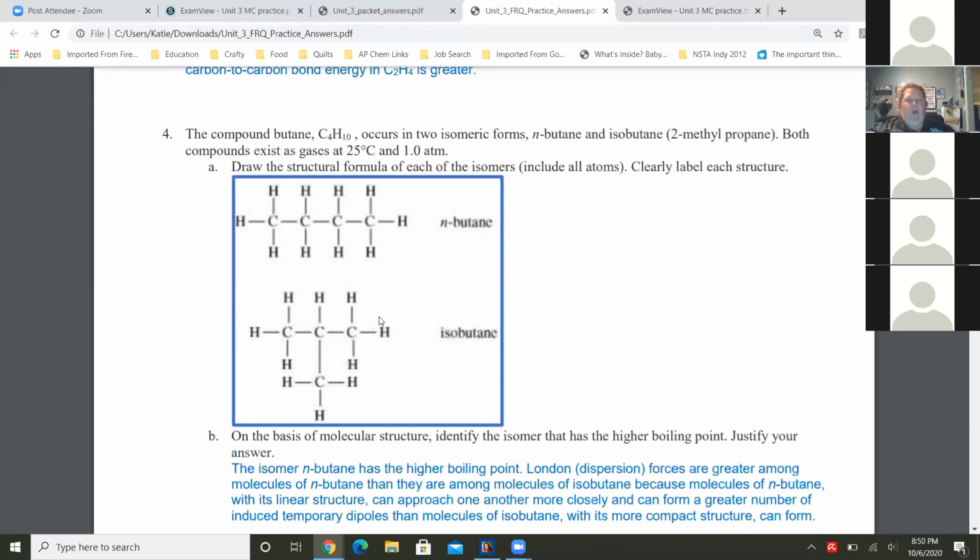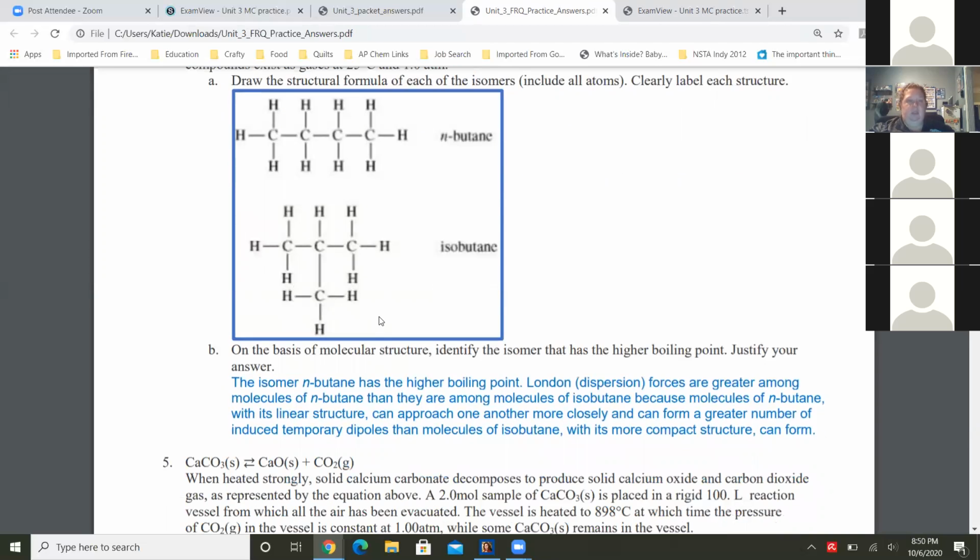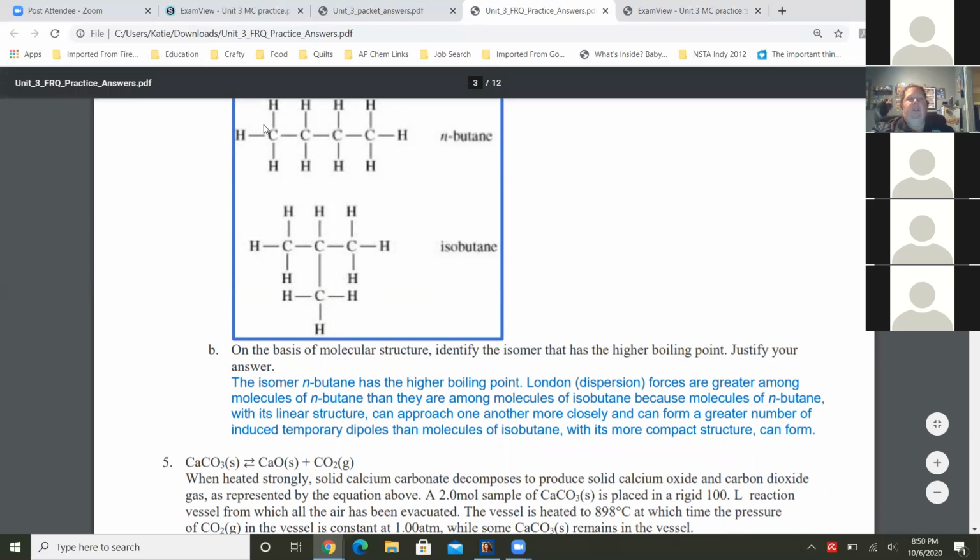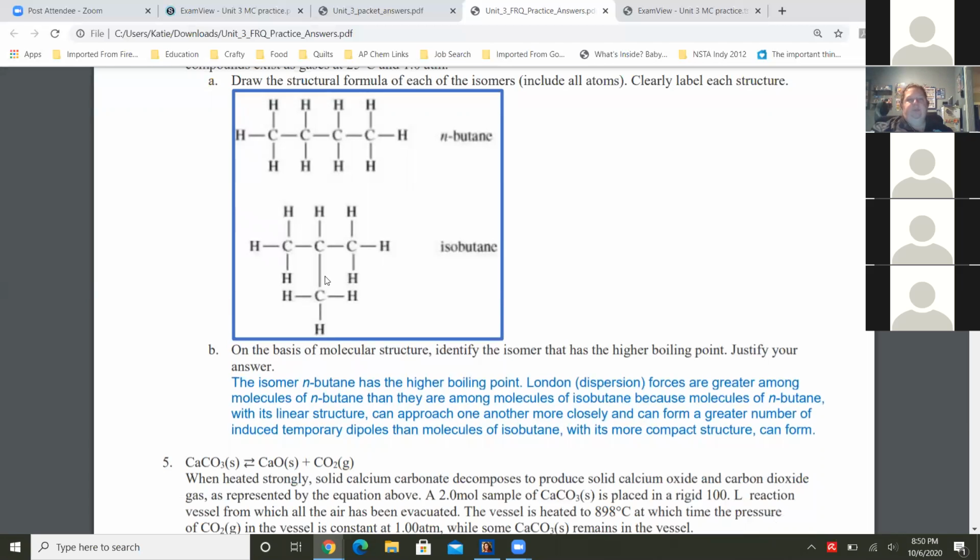Both of these are nonpolar molecules. Sorry, I forgot my words. And so they're both only going to have London dispersion forces. But the shapes of them are very different, right? So in n-butane, we've got this nice straight chain of carbons. And in isobutane, we've got this weird branchy thing going on. Because of this branchy thing, this actually minimizes the surface area.